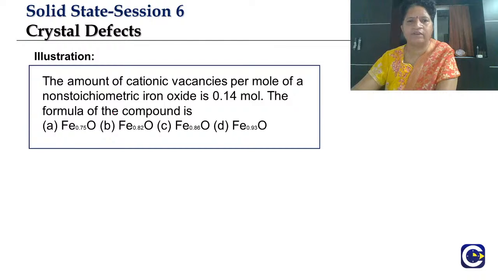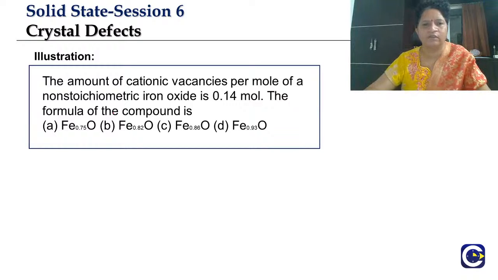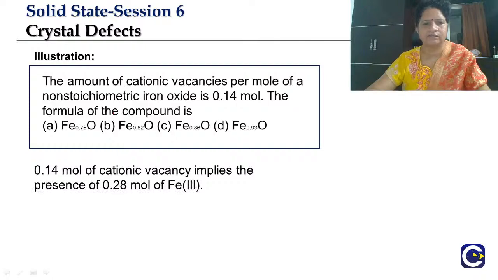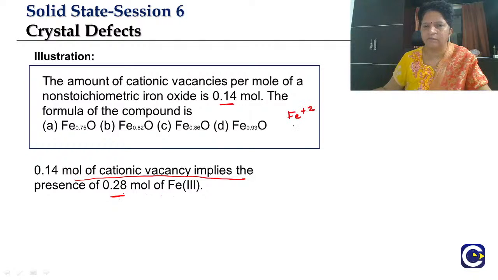The amount of cationic vacancies per mole of a non-stoichiometric iron oxide is 0.14. The formula of the compound is, let's see, 0.14 mole of cationic vacancies implies presence of 0.28 moles of iron 3. Another 0.28 moles because the oxidation state of iron is in +2 state.